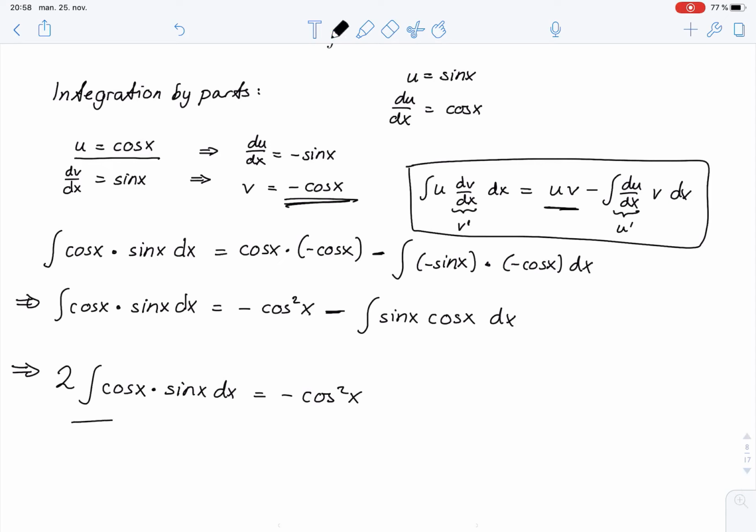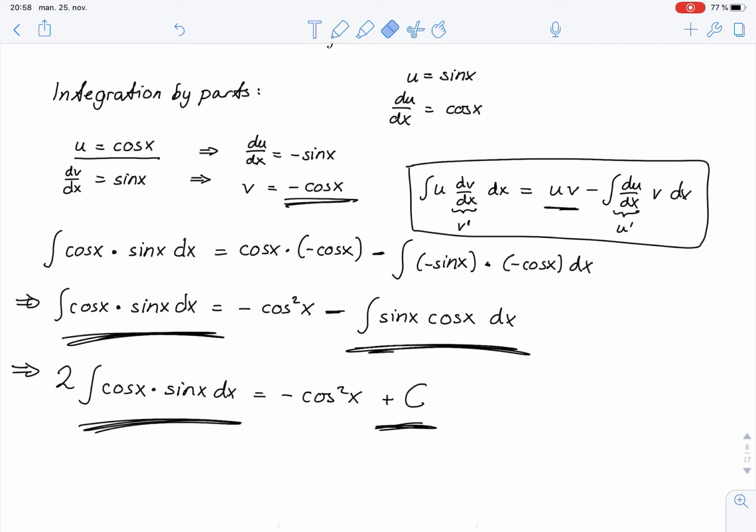Since we now have an integration here, and not on the other side, we need to add a c. Because we will get an unknown c out of this, an unknown of that. And we still get something unknown out of this, so we need to have something unknown on the other side as well.